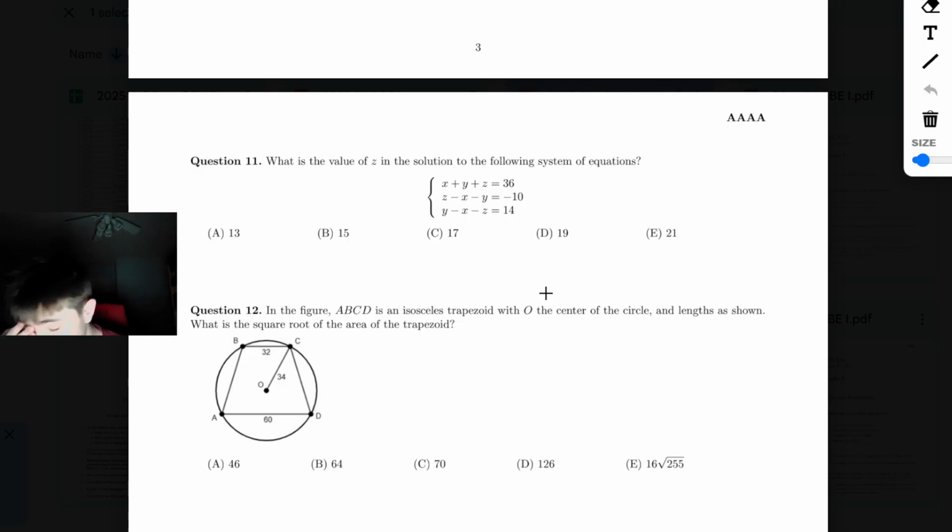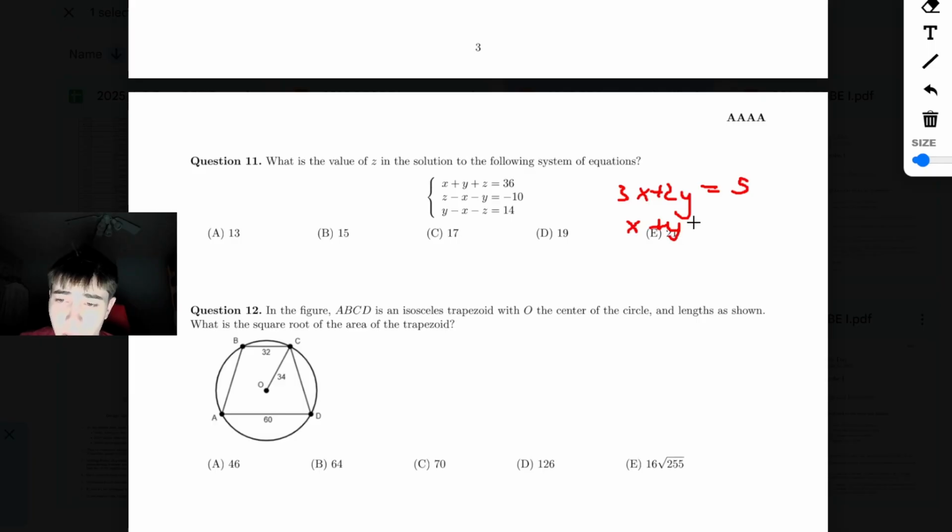So with linear equations like this, if you have 3x plus 2y equals 5, and then you have x plus y equals 3, right? Then the way that you could solve this, you could take x plus y equals 3 and multiply it by 2. So then you'd have 2x plus 2y equals 6, right?